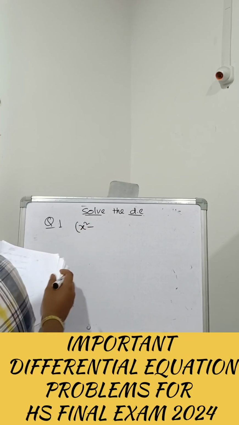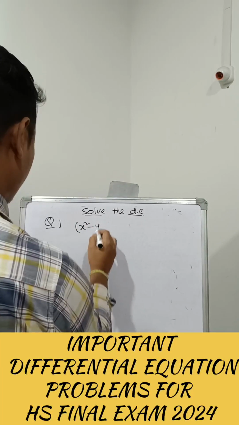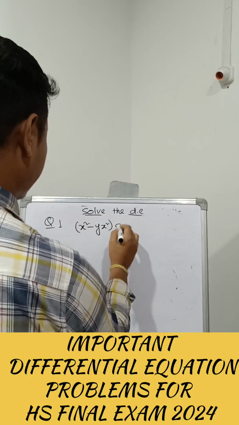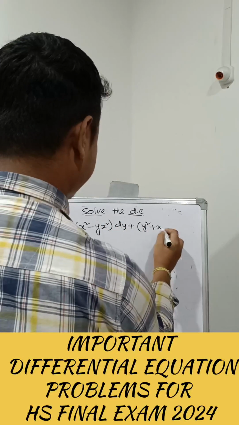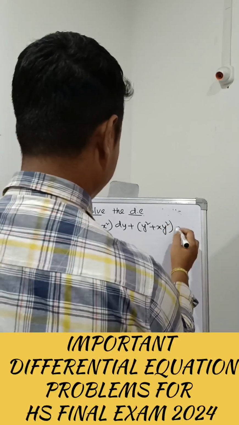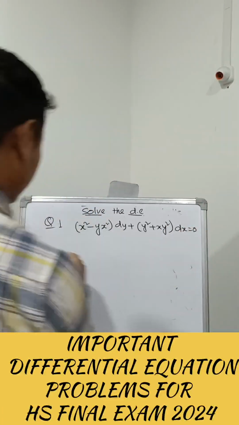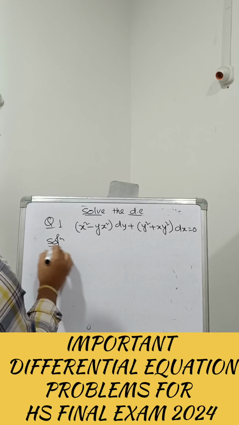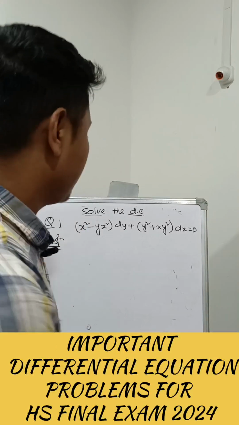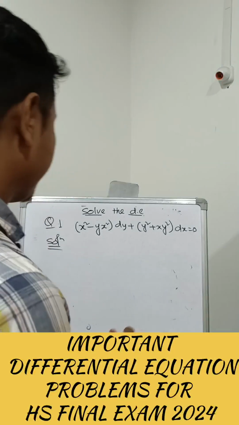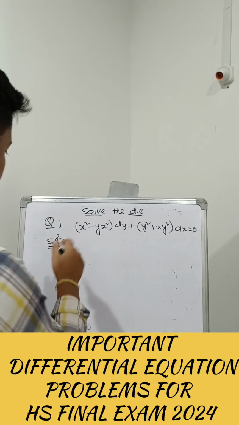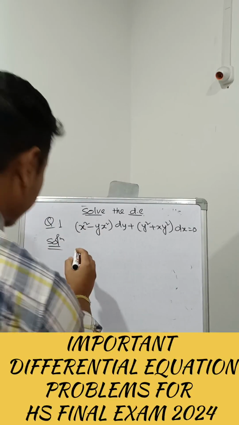In question number 1 we have given (x square minus y x square) dy plus (y square plus x y square) dx equal to 0. This question can be solved with the help of the method of separation of variables. For that we take some simplifications.